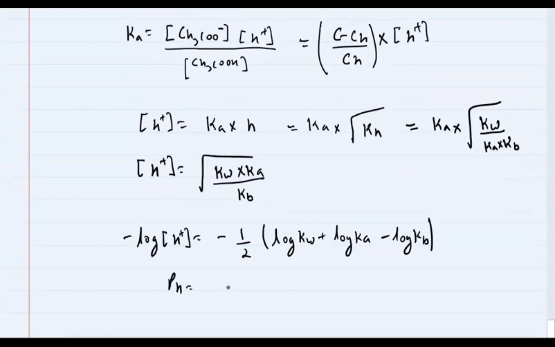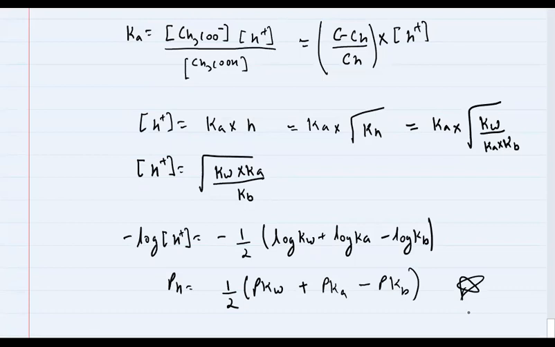So we will get pH is equal to half pKw plus, sorry, this is pKa, because minus, minus pKb. Got it everyone?